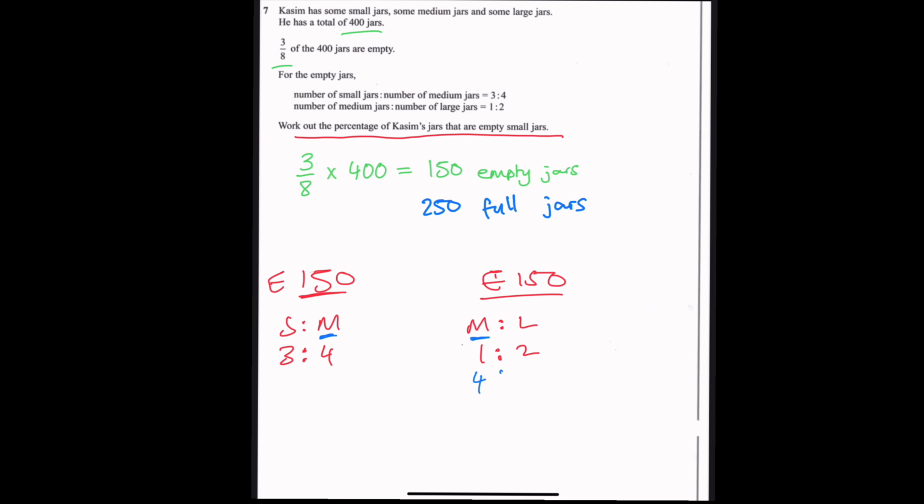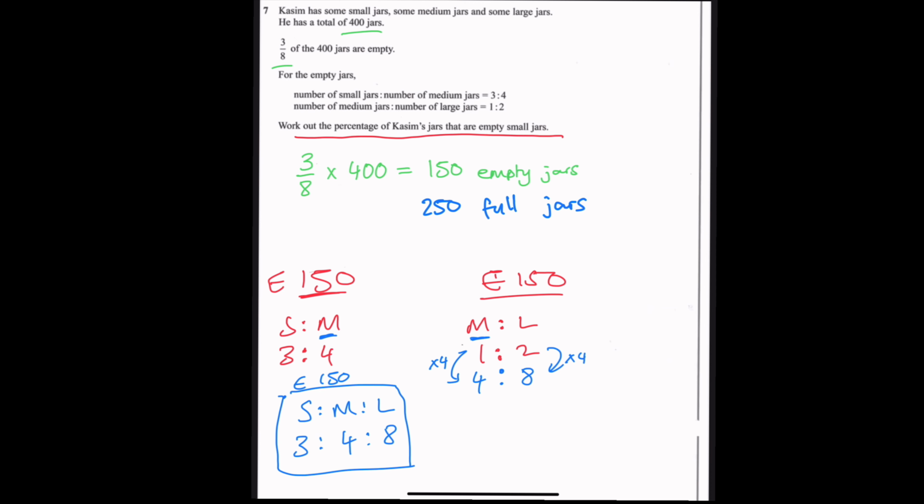So these are the same. If I times this by 4, I must times this side by 4 as well. Okay, so this becomes 4 to 8. Now I know small to medium to large is 3 for small, medium is always 4, and large is always 8. Okay, and this is for 150 empty jars.